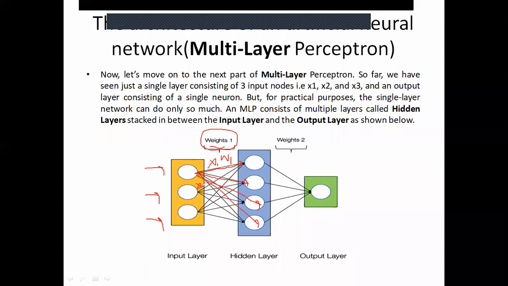Similarly, X2 is being multiplied by some weight that is going to each node of the second layer. Then this one also is going over here. Then this layer is producing the output. You are getting the output from these, and these outputs are being added. Again, some weights are being applied to that, some bias is being applied to that, and even the activation function is being applied over here. Here also. After that, you are getting the output, and that is going to the output layer, which is producing the actual output over here.